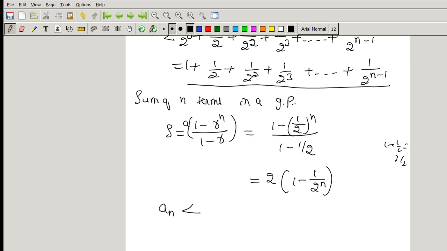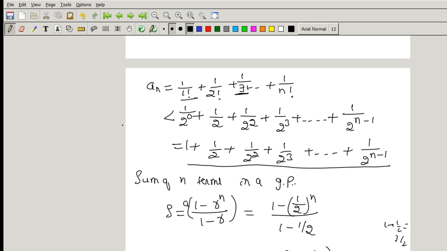is less than, here the inequality is less than, an is less than this term.